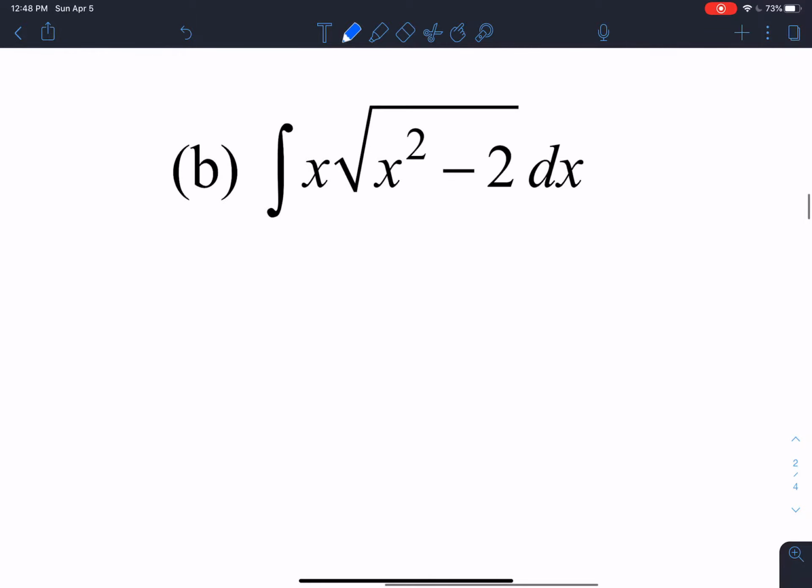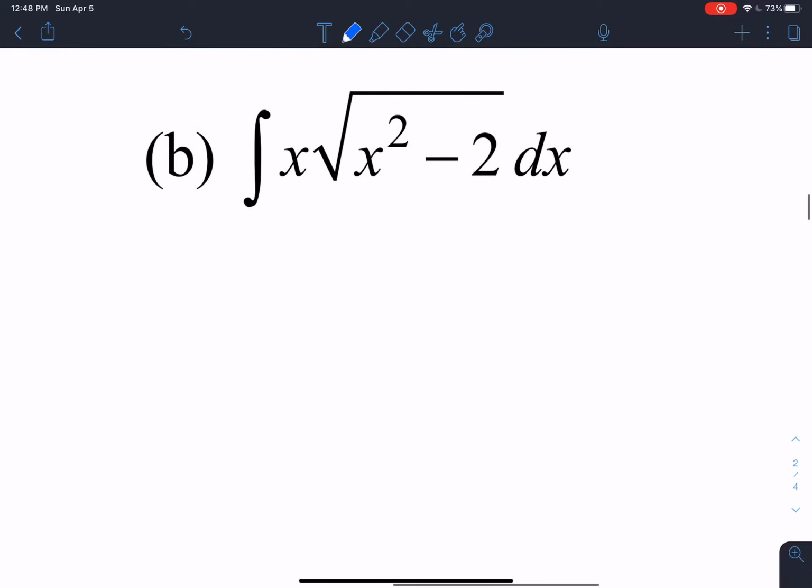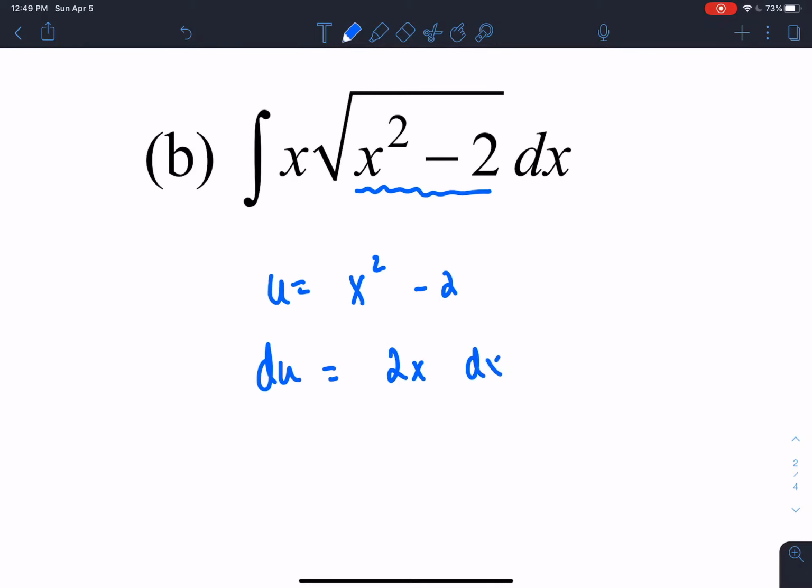All right, and then the last one that we'll do, you've got x times the square root of x squared minus 2, sorry. Since that's inside the root, we're going to say that that's the u term. The derivative of that is 2x dx.